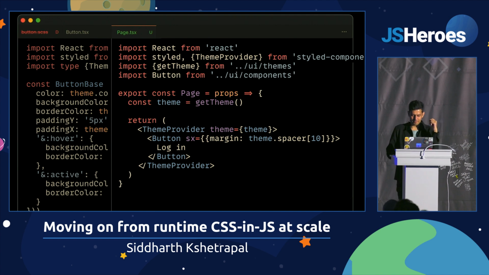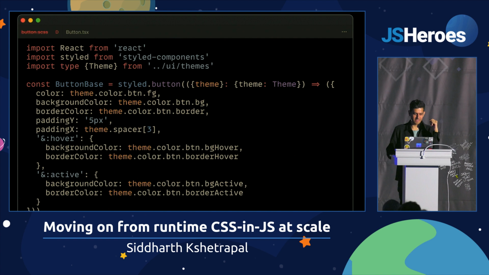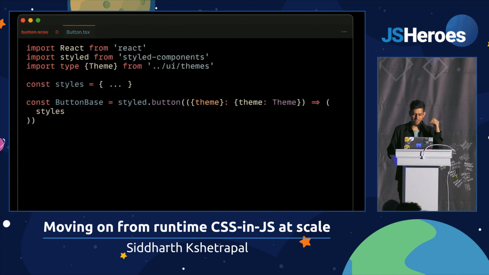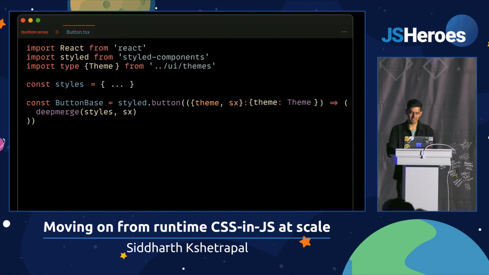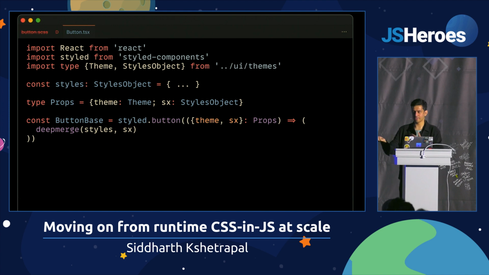So what that looks like is inside my button component, I make room for another prop called sx. So the button accepts an sx prop, and it merges the styles with the sx. And because we have TypeScript, we can also type it the same.